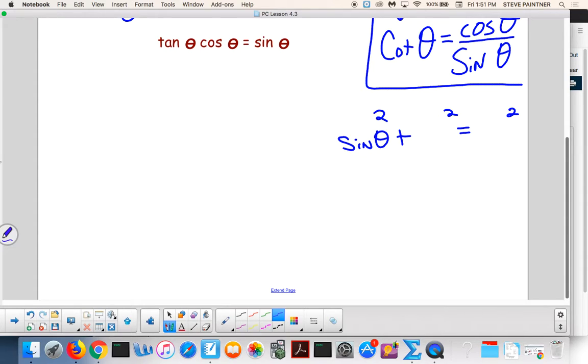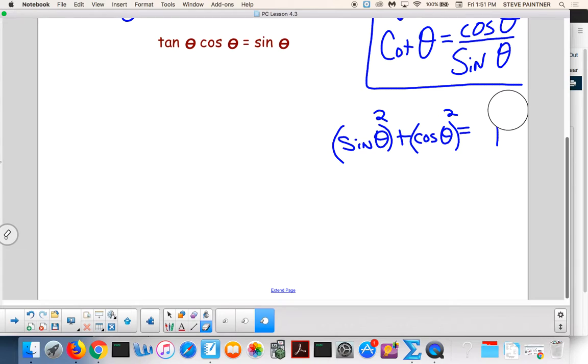Sine of theta squared plus cosine of theta squared equals 1 squared. Just put 1. So this is known as the Pythagorean identity: sine squared plus cosine squared equals 1.